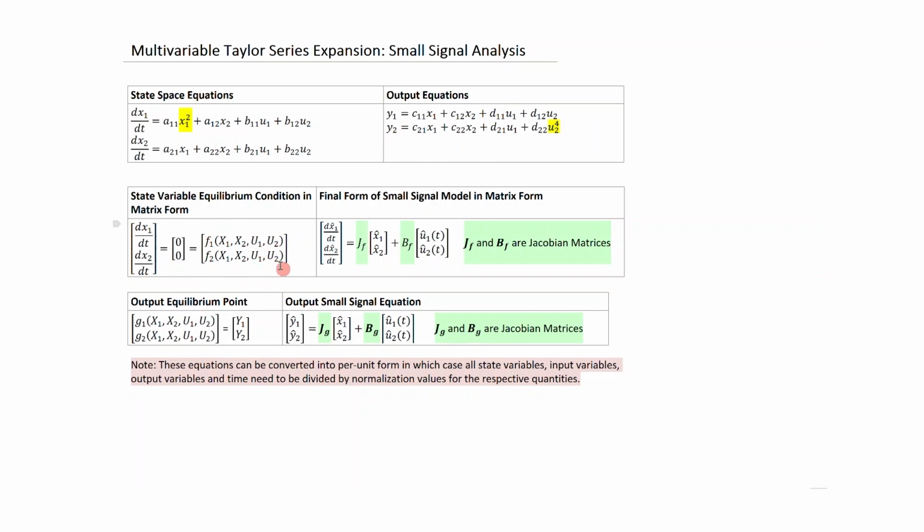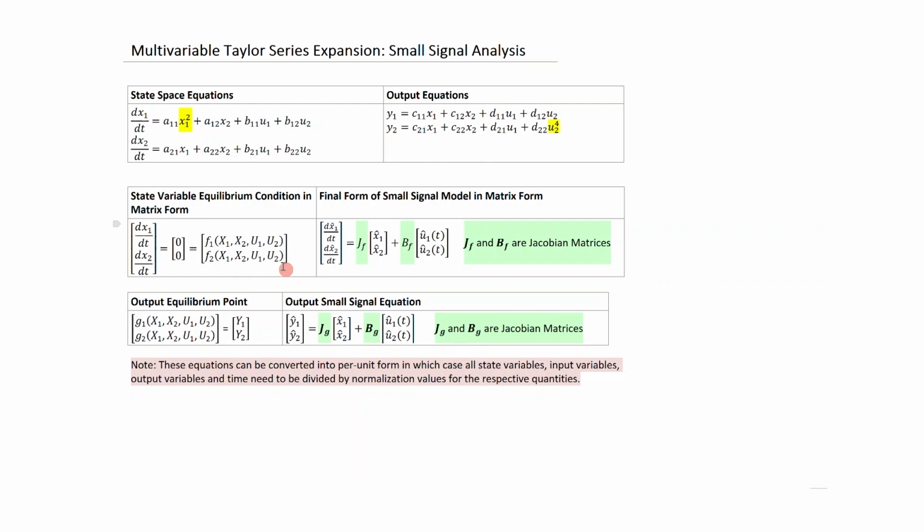u1 and u2 are given. These are static values for the input variables. And we're trying to determine the static values for x1, x2, designated as capital X subscript 1 and capital X subscript 2. So this is a matter of solving a nonlinear equation in general, from which we obtain x1, x2.